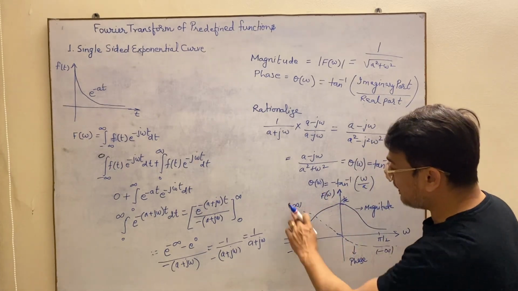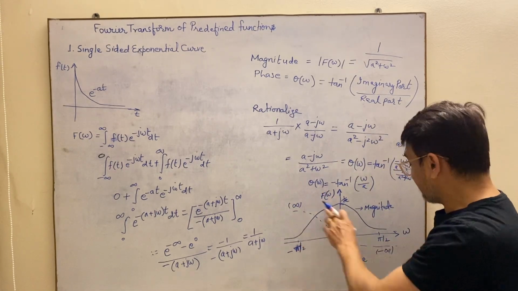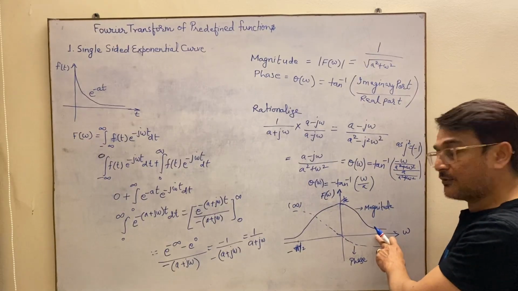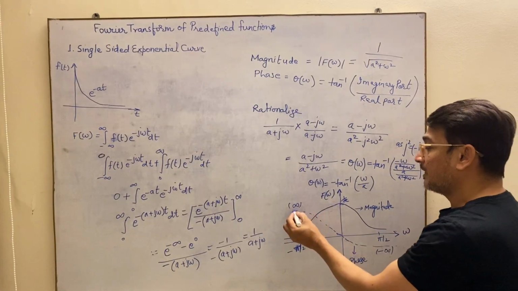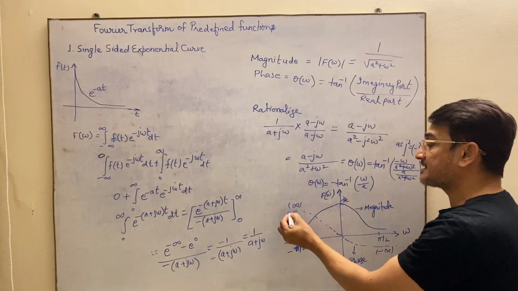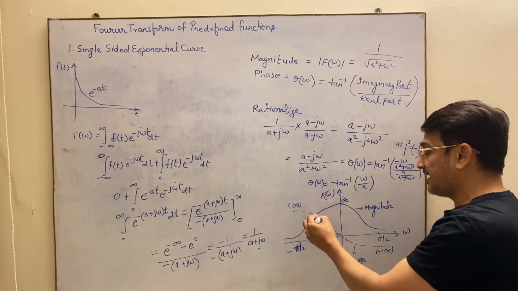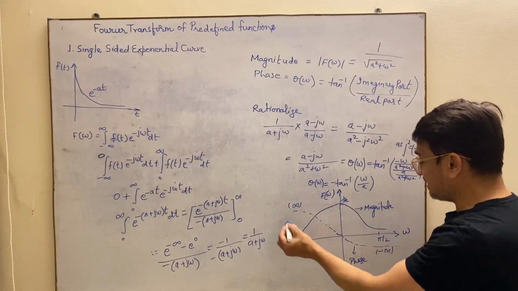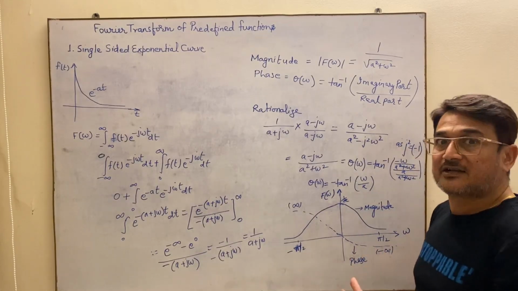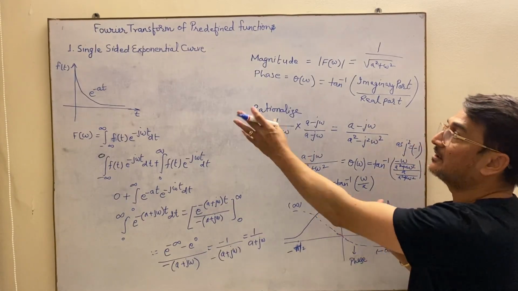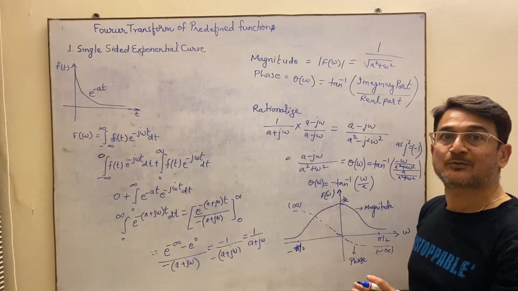So at minus pi by 2 it is giving plus infinity, and at pi by 2 it is giving minus infinity. So the plot will be something like this. It starts from the infinite positive side and it will go to the negative side. So this way you can draw a tentative phase plot of the Fourier transform of single-sided exponential curve.